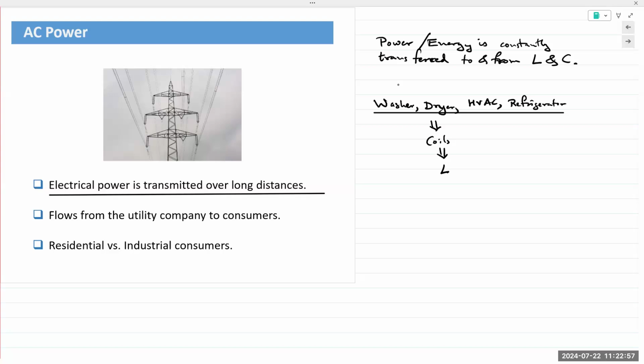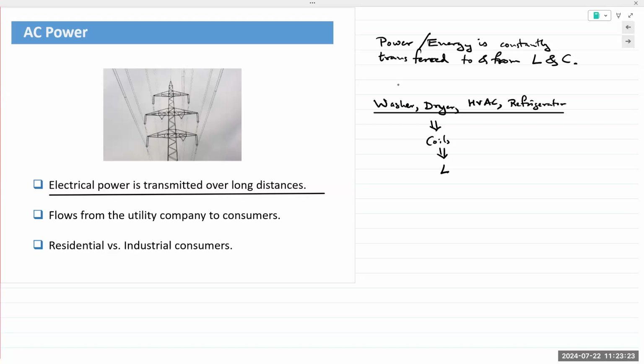So a residential environment will have an inductor inside a washer, dryer, HVAC unit, a refrigerator, anything that has a spinning motor, as a spinning motor has a coil. That means it has inductance. And what does an inductance have? Inductance has reactance. It stores energy in a magnetic field.